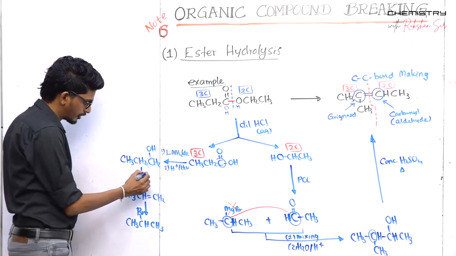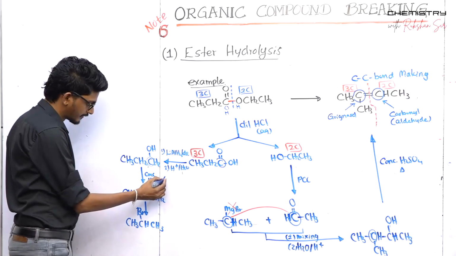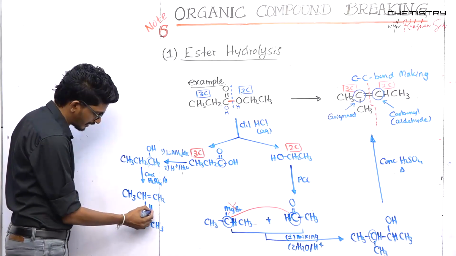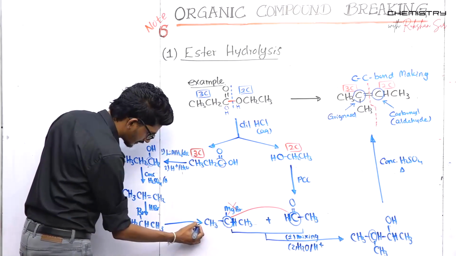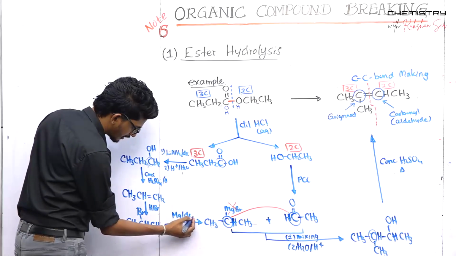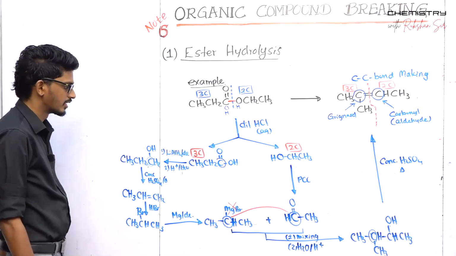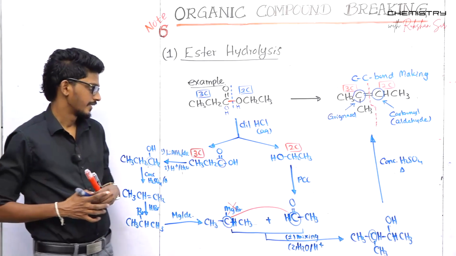So to get rid of the water molecule, you can use conc H2SO4 and heat. Then add some HBr. So this can be easily done by adding some magnesium in dry ether medium to form the Grignard reagent, right? So this is going to be your conversion, right?